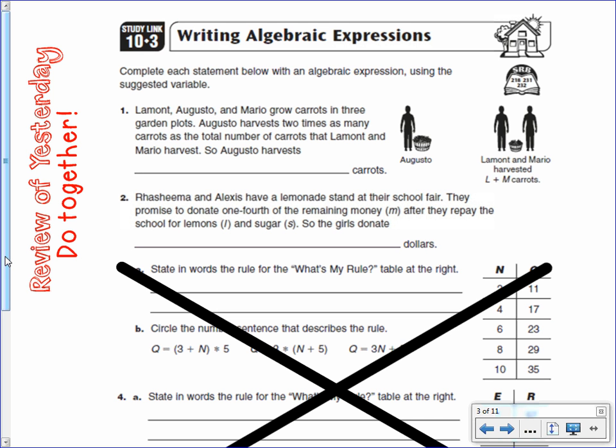And they give you a little hint that Lamont and Mario harvested L plus M carrots. So who has just a little part of what this rule could be? Connor, what do you think? L plus M. Okay, so we already know right away we're going to need that variable, right? Because they gave it to us. So we know it's going to be somewhere in there.